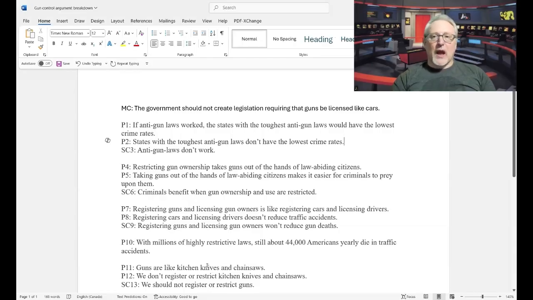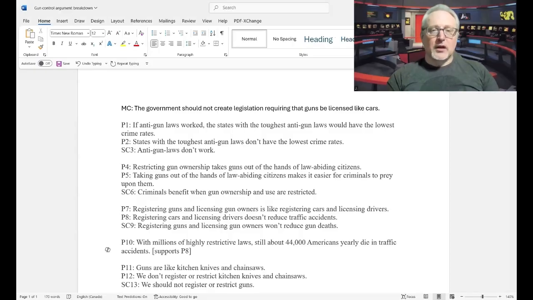So how are we going to represent that relationship? Well, we could draw an arrow from P10 to P8 like this, except I don't think that's something you can do in this app. So for the moment, I'm just going to write "supports P8."